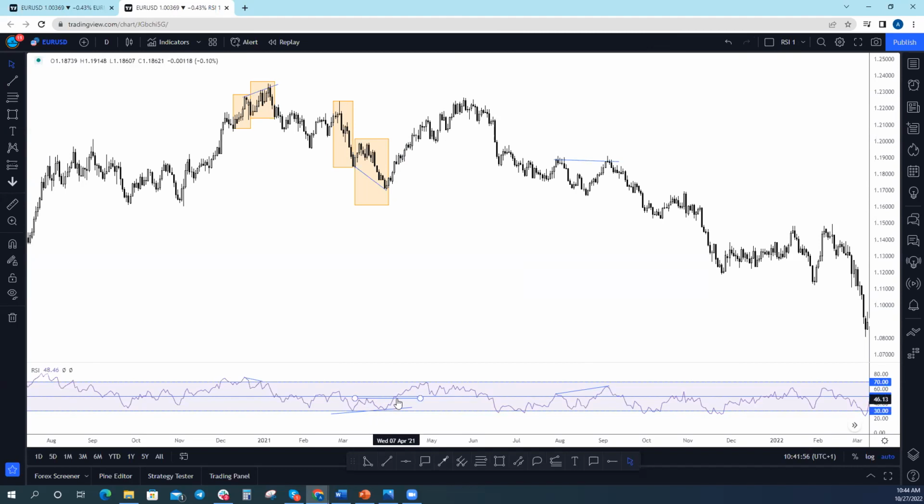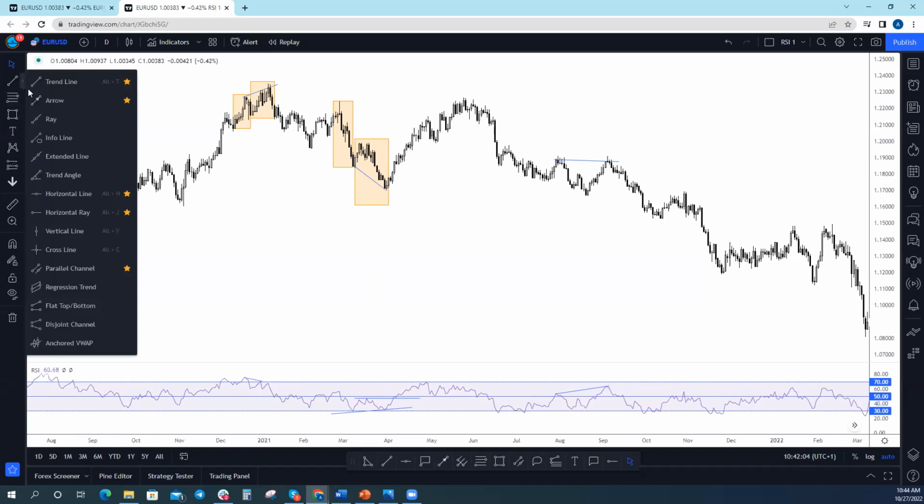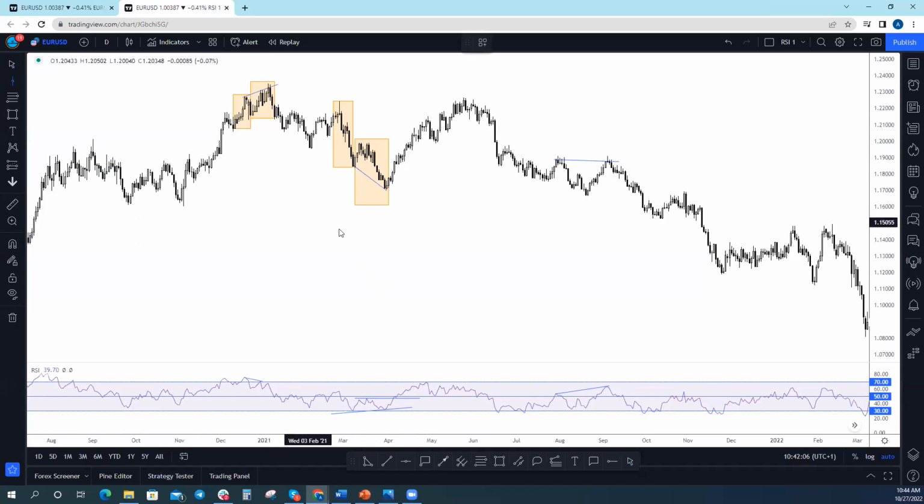Then this has to break above the previous high to offer a bullish signal. So at this point, let me just draw this up. At this point here, we have confirmation. It's on that candle there, we have confirmation. This candle here, we have confirmation of not only bullish divergence, we also have confirmation of the bullish failure swing.